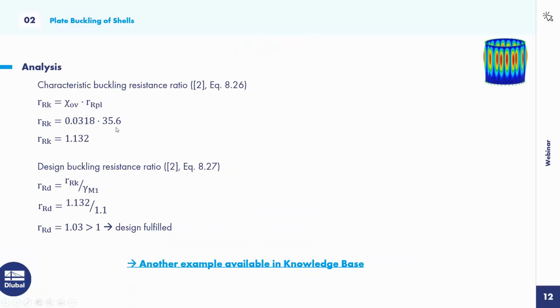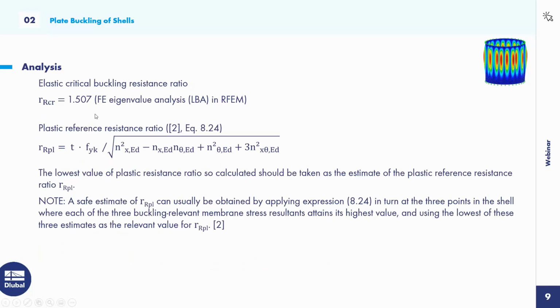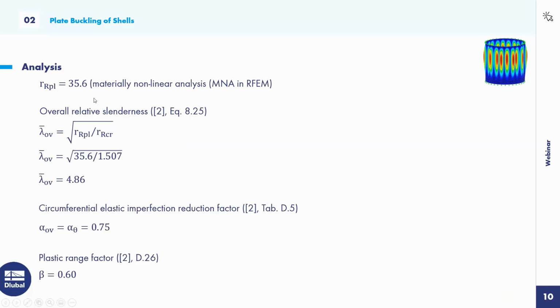Okay, now I think that's not too difficult to apply these equations. The most difficult part is the determining of RRCR and RRPL, but that's what I showed you in this webinar.